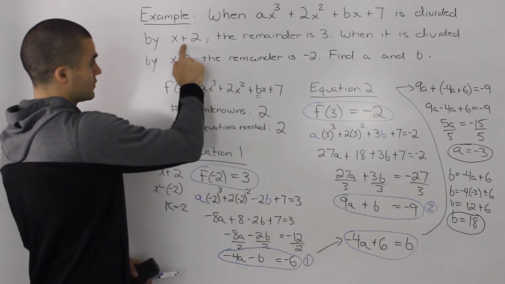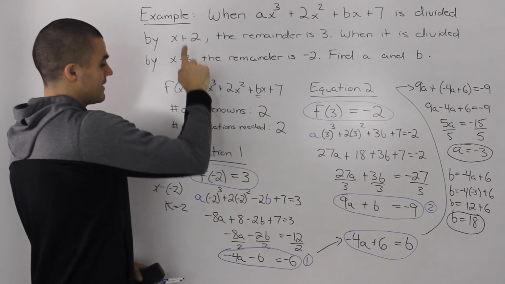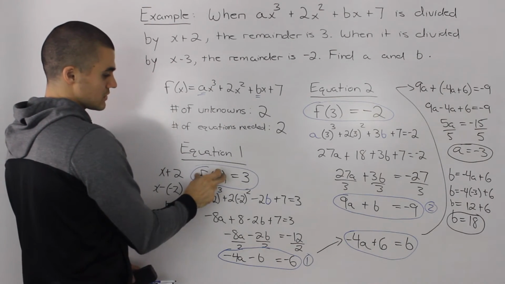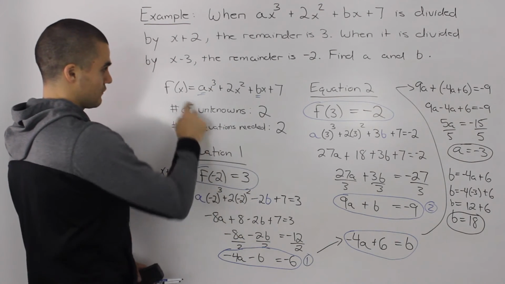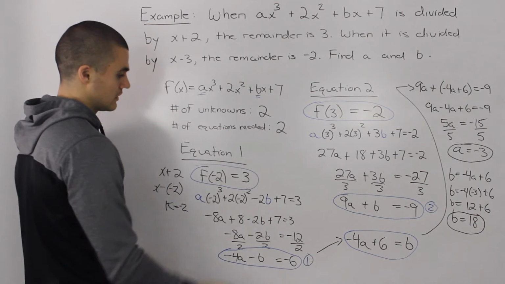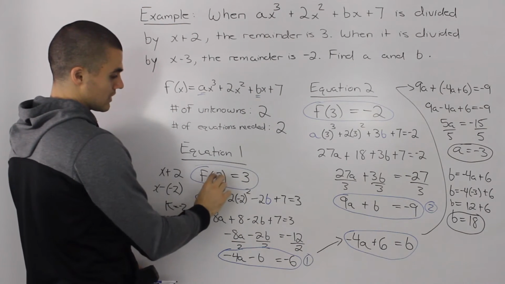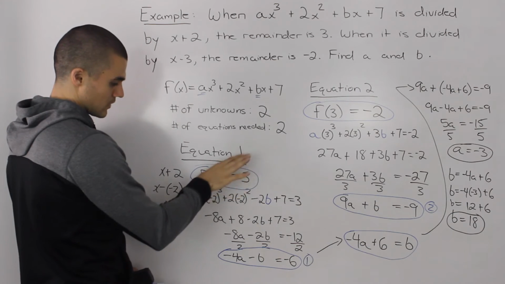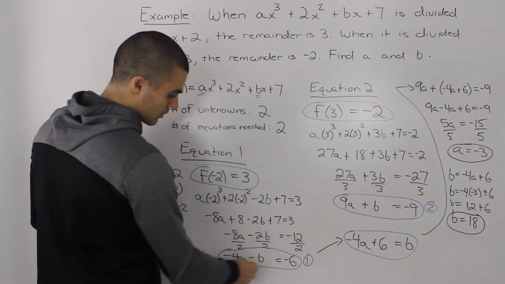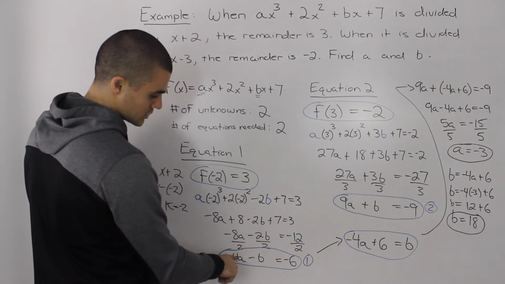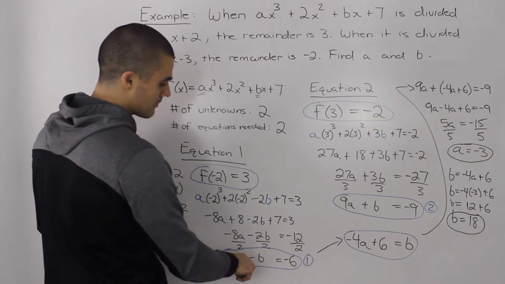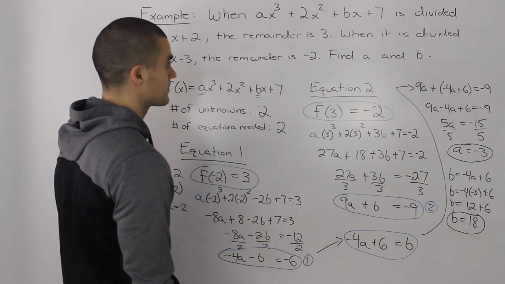So when we're dividing by an x plus 2 divisor, the remainder is equal to f of negative 2 if f of x is equal to the dividend. And since we know it's equal to 3, we made that equation, and then we got our first equation in terms of a and b, so negative 4a minus b equals negative 6.